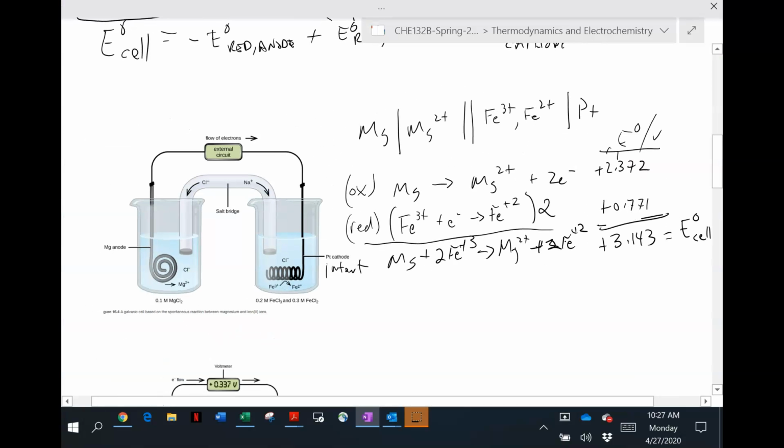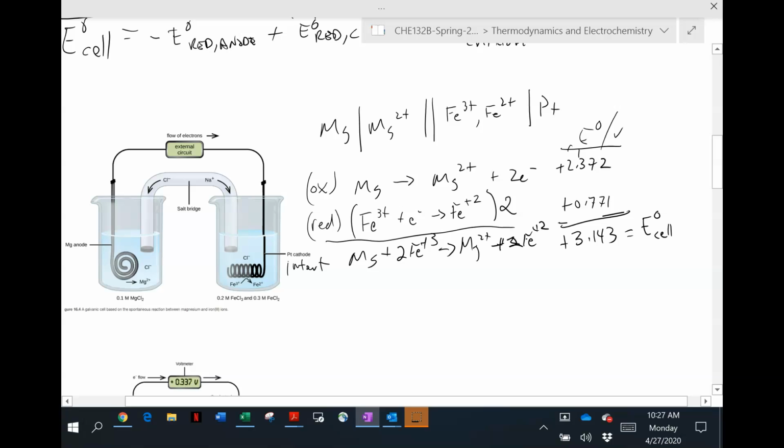So I wanted you to see that example where you have an inert electrode and then we have 2 reactants in that reduction half reaction cell, so in the cathode in this case. And there's no reason you have to have that on the cathode side. We could see examples where you have that on the anode side as well.